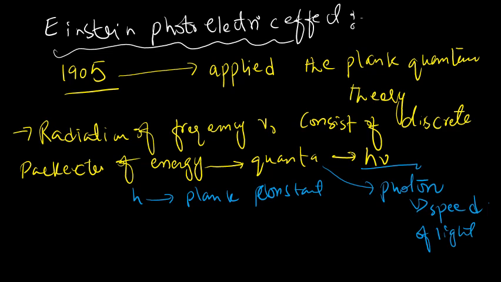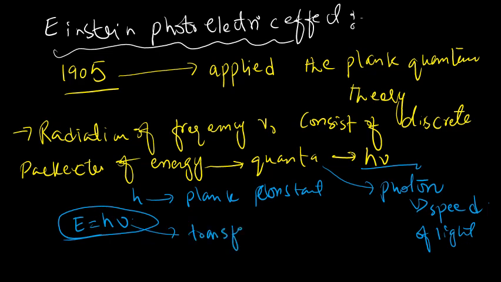What is the energy of a photon? The energy of a photon is equal to h mu. When a photon of this energy is incident on the metallic surface, the photon transfers its entire amount of energy to an electron.